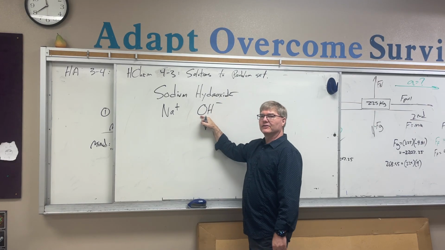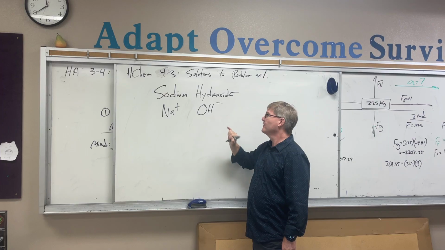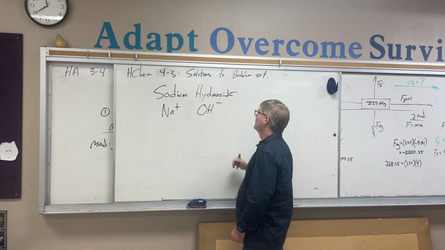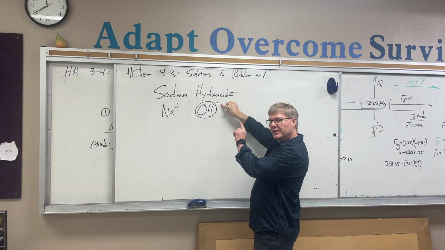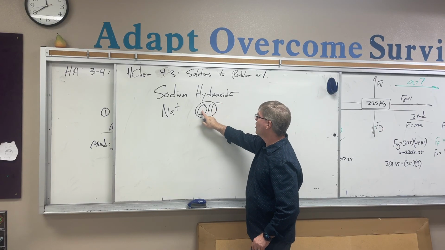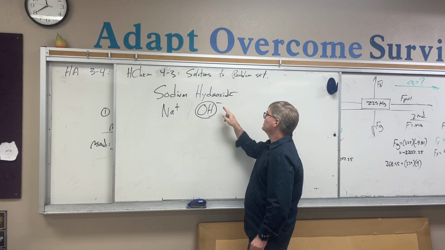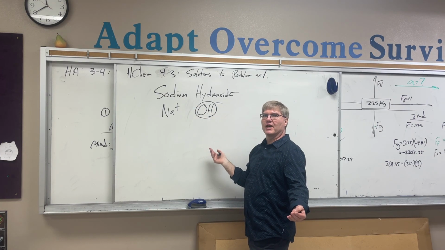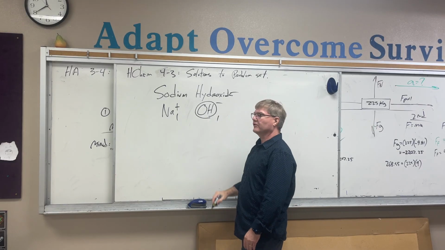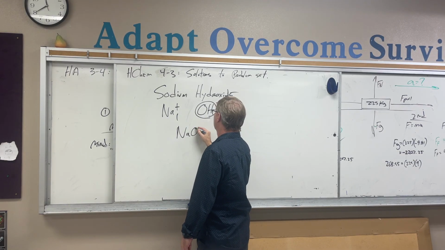That is a complicated ion made of one oxygen and one hydrogen, named hydroxide. So let's treat this like one thing. This charge in the upper right-hand corner stands for the charge of the overall group of atoms. Now let's check charges. Charges are equivalent. I don't have to do any adjustment. One of each is good enough. So the formula will be NaOH.